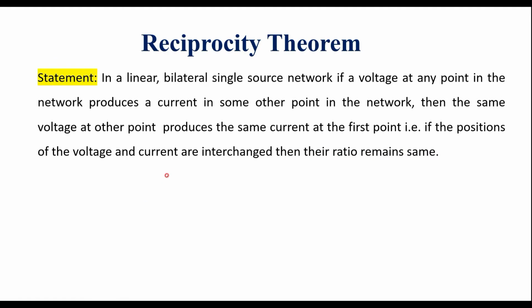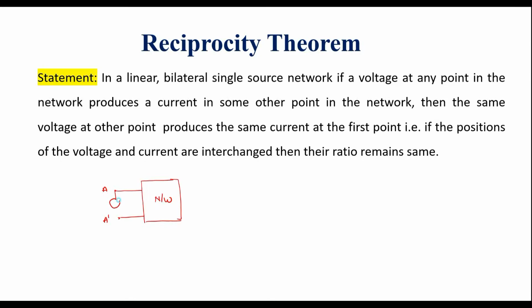Let's try to understand this theorem. That is, suppose, say this is passive network, say this is point A and this is A dash.